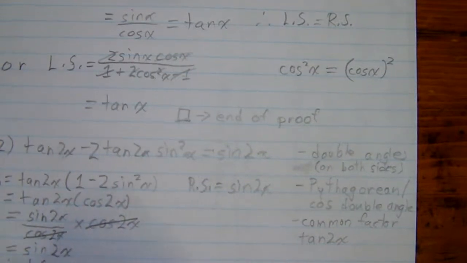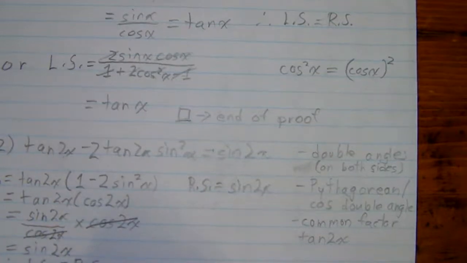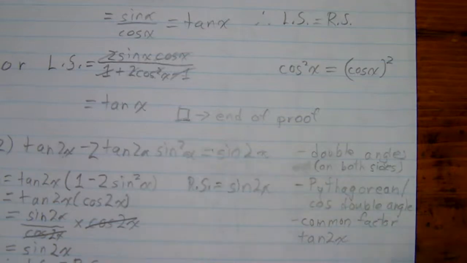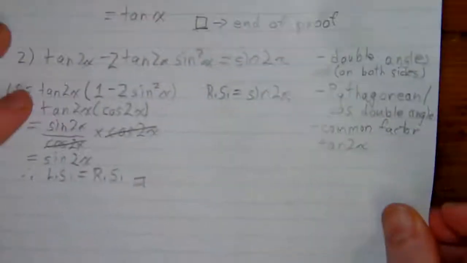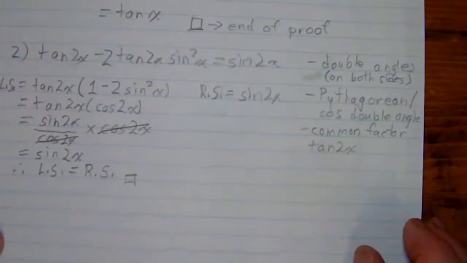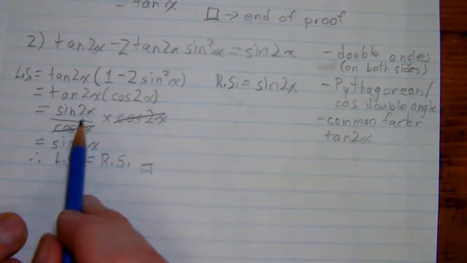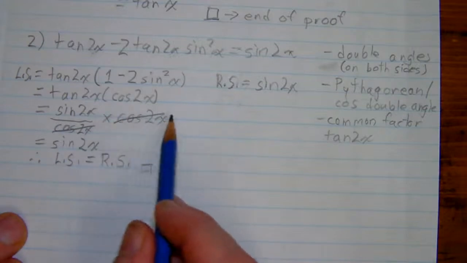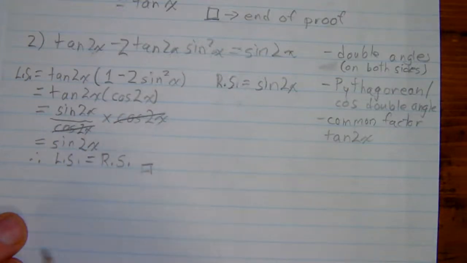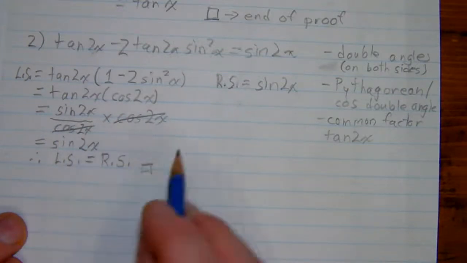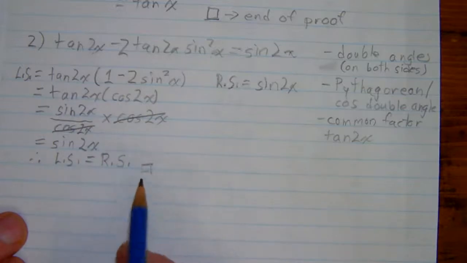Therefore, left side equals right side. End of proof. Oh, and I've gone off the page here. So sine 2x over cos 2x times cos 2x, they cancel. Sine 2x is all that's left, and I know it's a true identity.